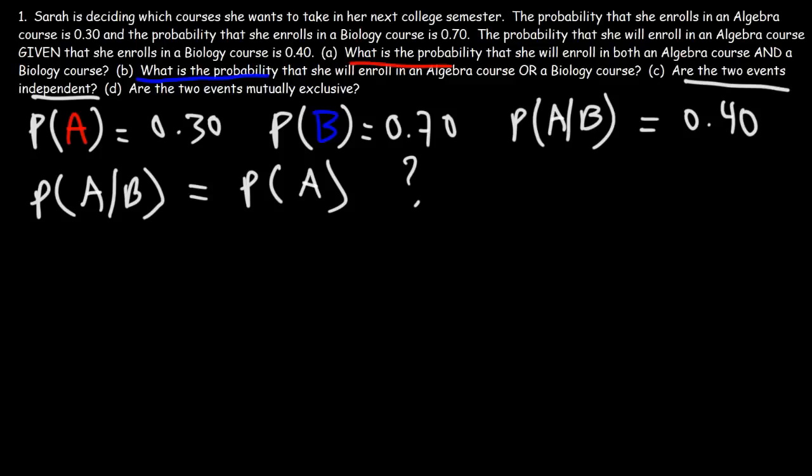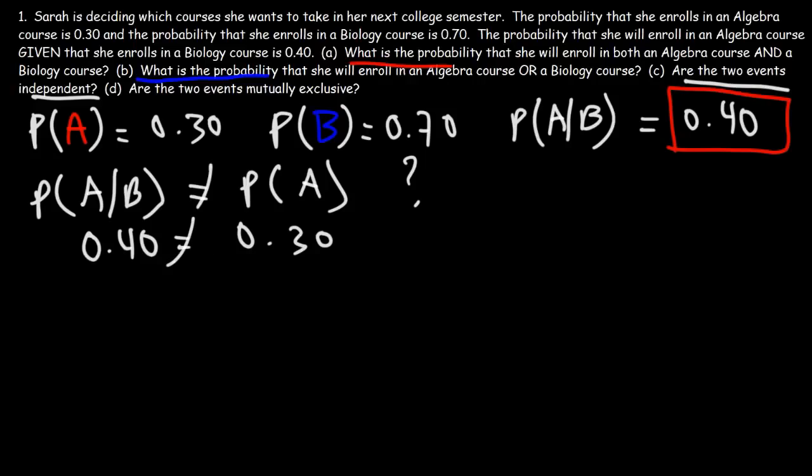The probability of A given B, we could see that it's 0.4. And the probability of event A occurring is 0.3. So these two are not equal. Therefore, the two events are not independent of each other.